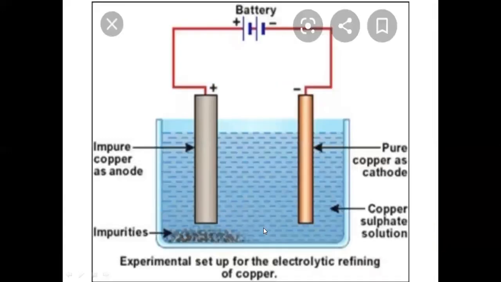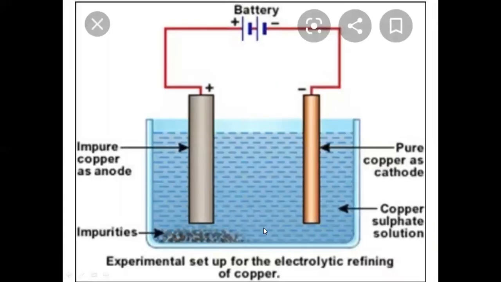I told you that to prevent the process of hydrolysis, we add a little sulfuric acid in the electrolyte along with copper sulfate. So this is the impure electrode which will act as an anode, and the pure electrode will act as a cathode. What will happen when the switch is on, when the battery is on?